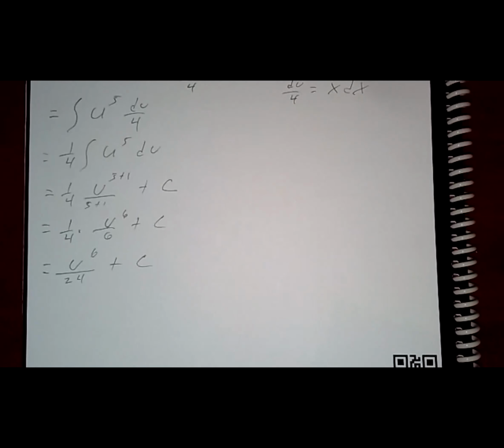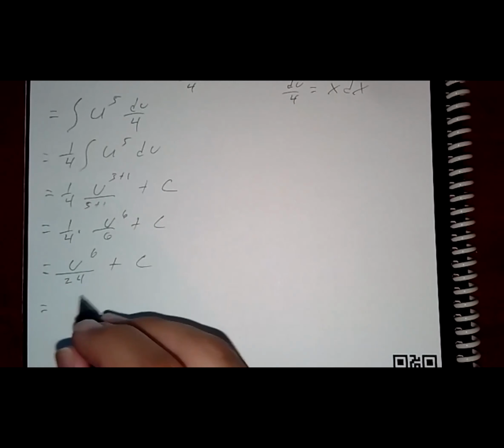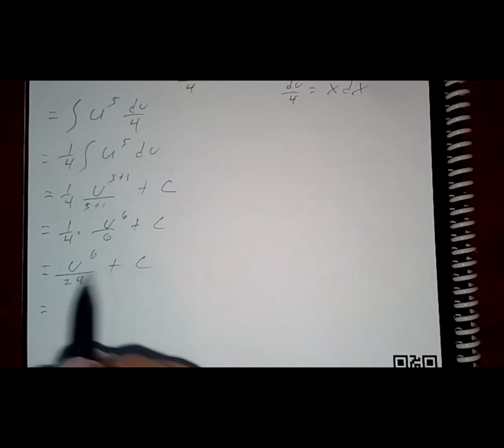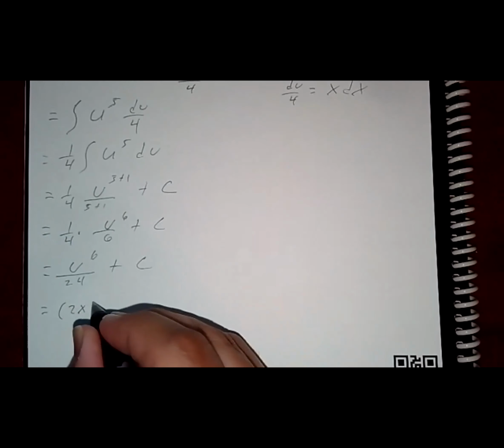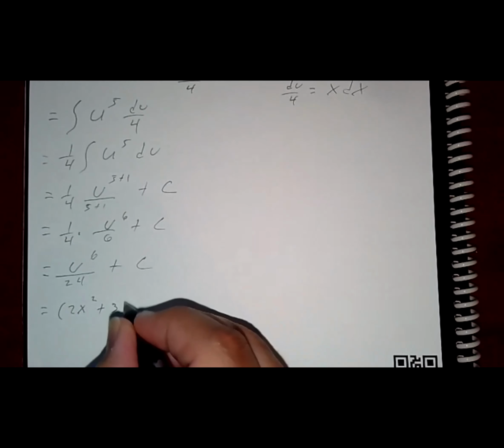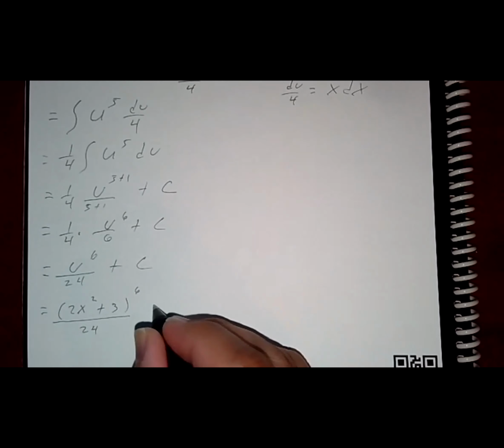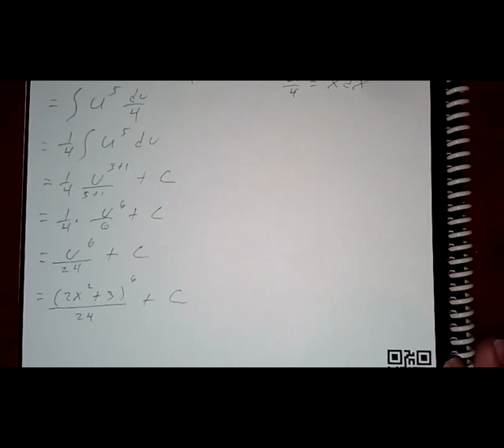And then at this point, the integration has been done, the algebra is done. Just substitute back to what u was, because u is a dummy variable. It's not what we're solving for. We're supposed to be using x. So come back to x, and you're done.